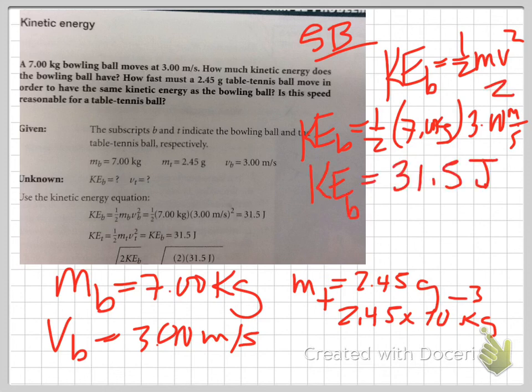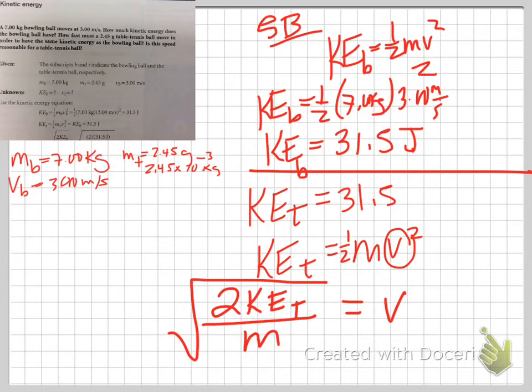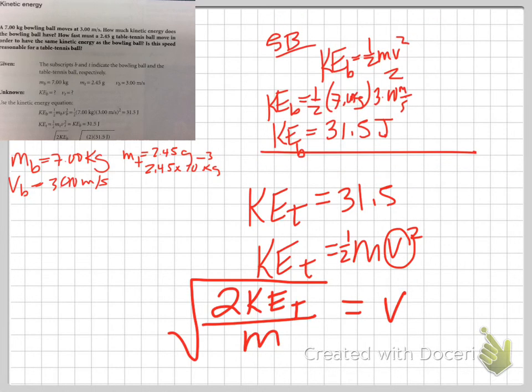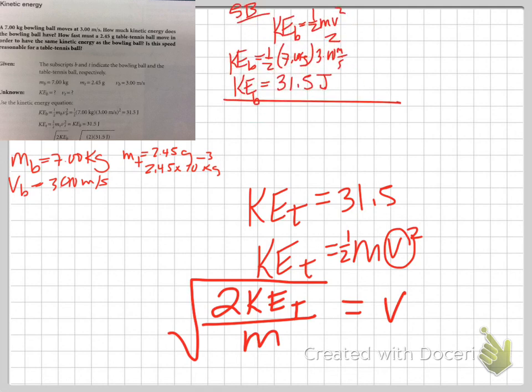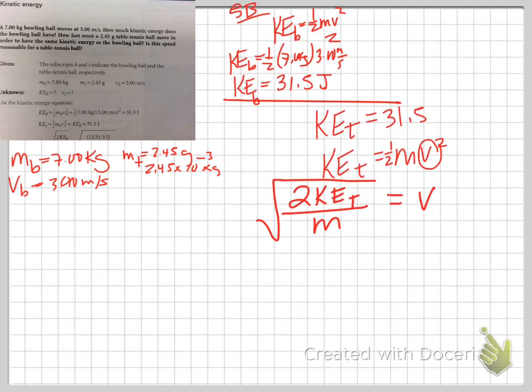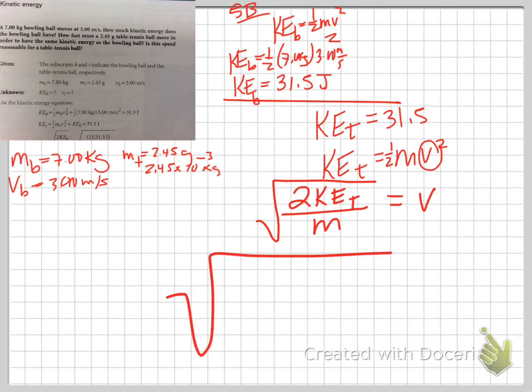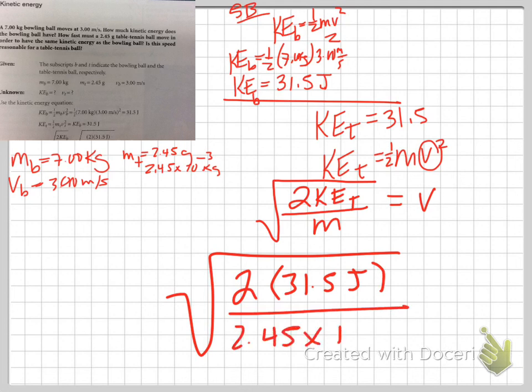Now, with the little tiny mass of a ping pong ball, how fast would it have to be going to have the same kinetic energy? So square root of 2 times 31.5 joules divided by 2.45 times 10 to the negative third kilograms equals the needed velocity.